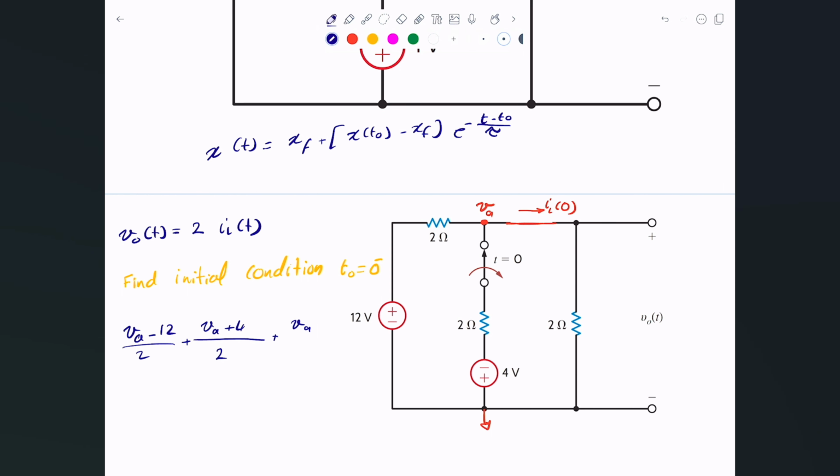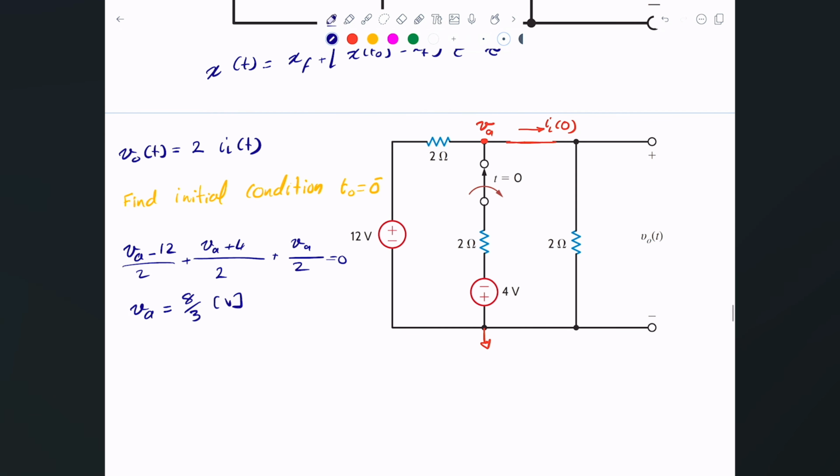So what we have is VA divided by 2, which is 0. So again, this current in here is (VA plus 4) divided by 2, and that's it. All right, so we can figure out what VA is, and that value would be, I believe, 8 divided by 3 volts.